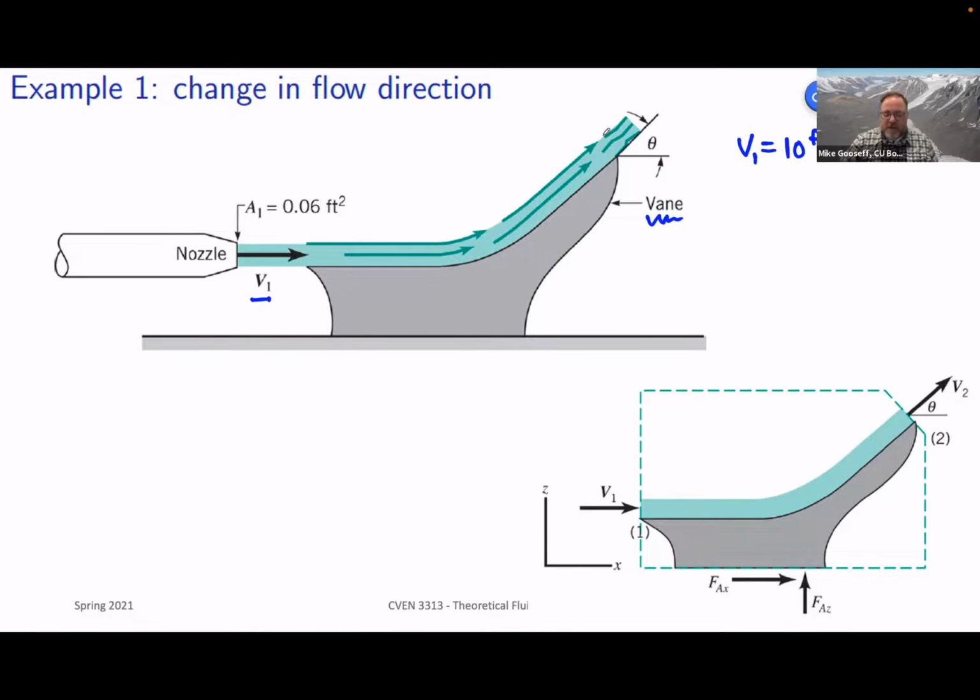One of the things that I also want to point out is that if we have our X and Z directions, right? We don't know anything about Y. Y is sort of going into or out of the screen here. Then we could say that all of our velocity at 1 is in terms of an X component, right?